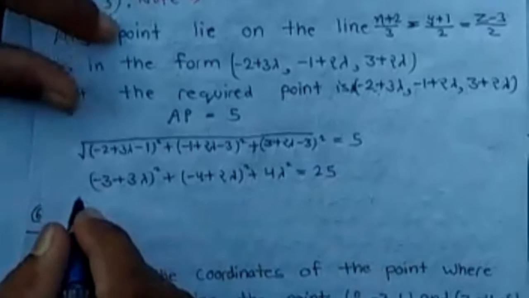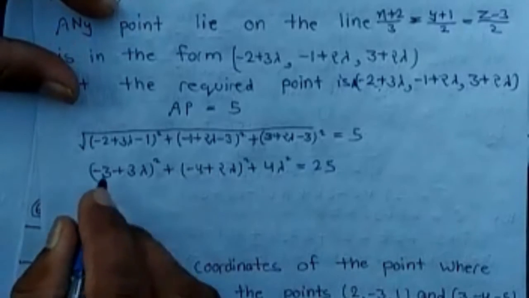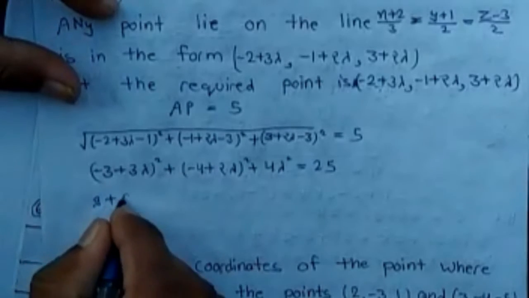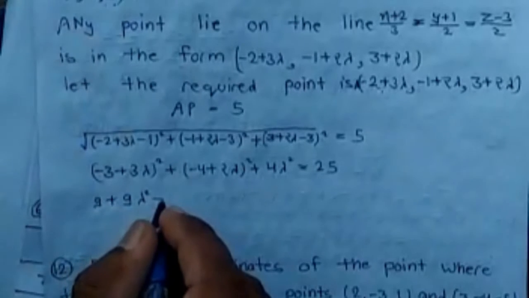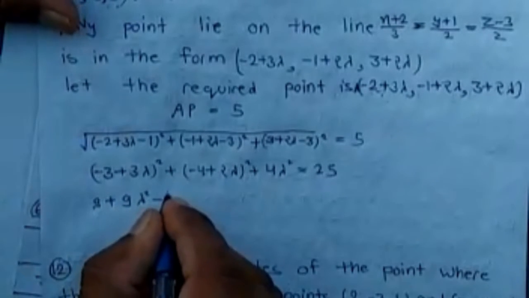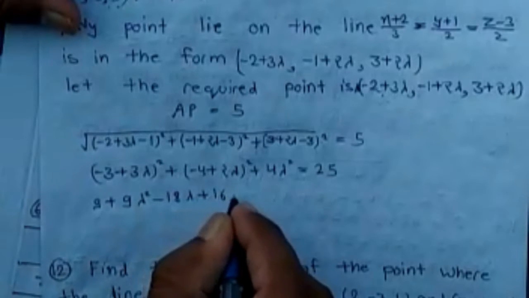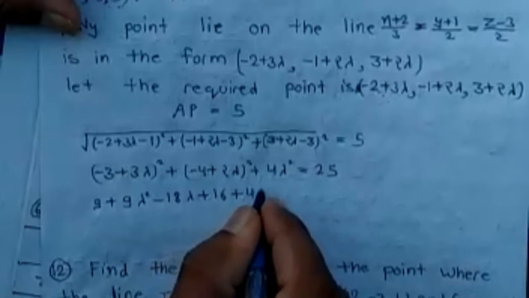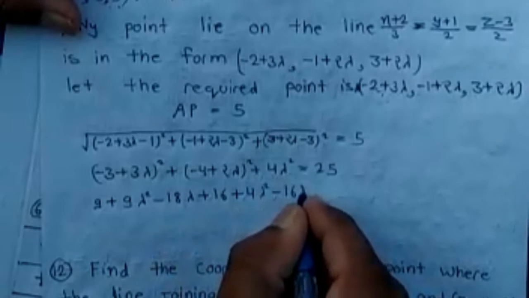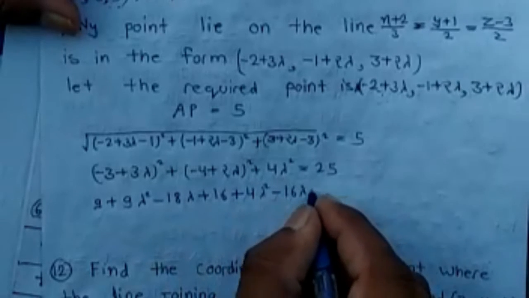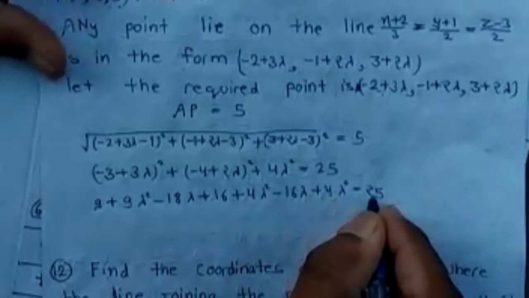Now open the brackets, we get 9 plus 9 lambda square minus 18 lambda plus 16 plus 4 lambda square minus 16 lambda plus 4 lambda square equal 25.